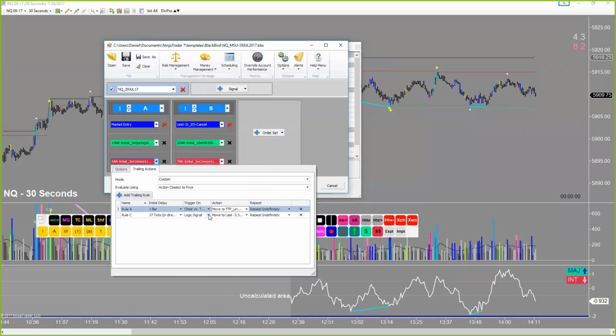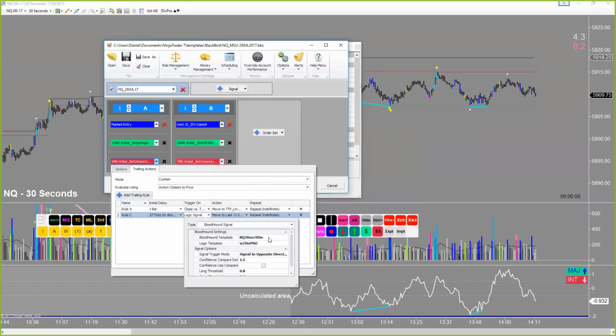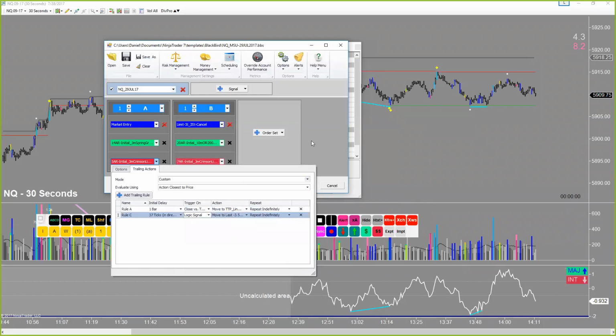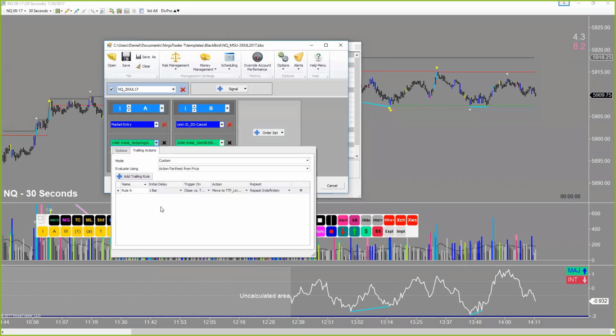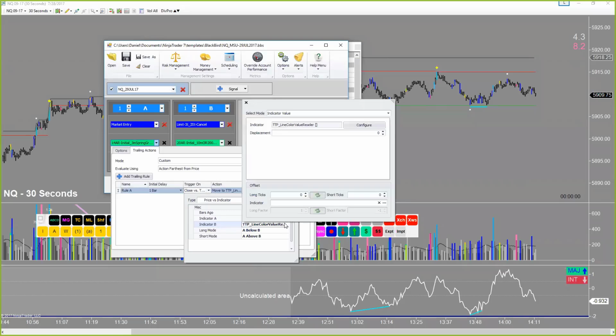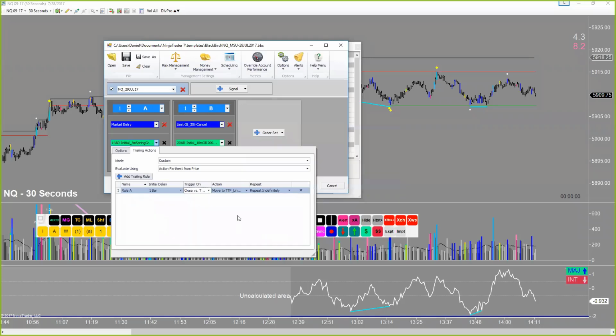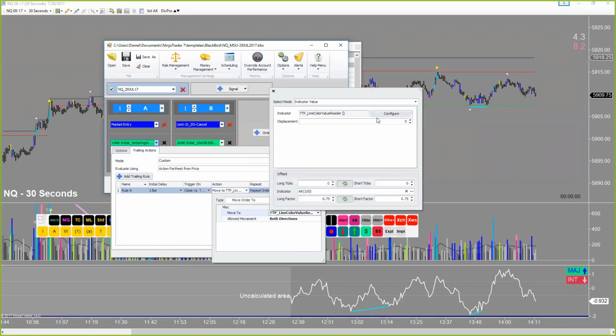And then a Bloodhound divergence signal, volume divergence based on this 30-second tick, all right? And then the profit target. Same kind of thing: this one is attaching to the 3-minute, and the other one is attaching to the 10-minute or the 2000 tick.